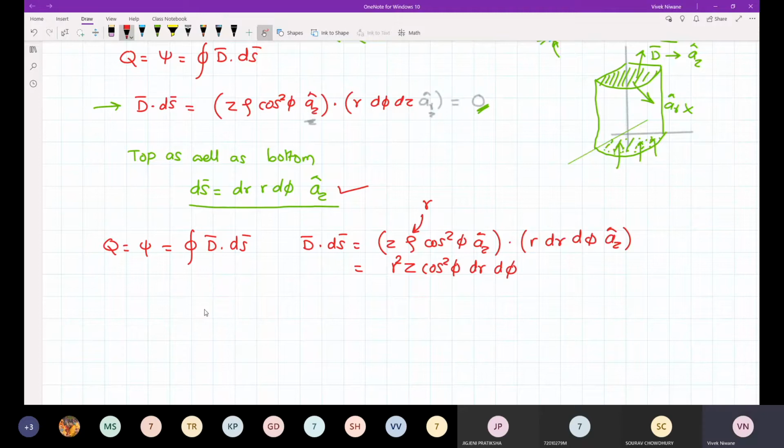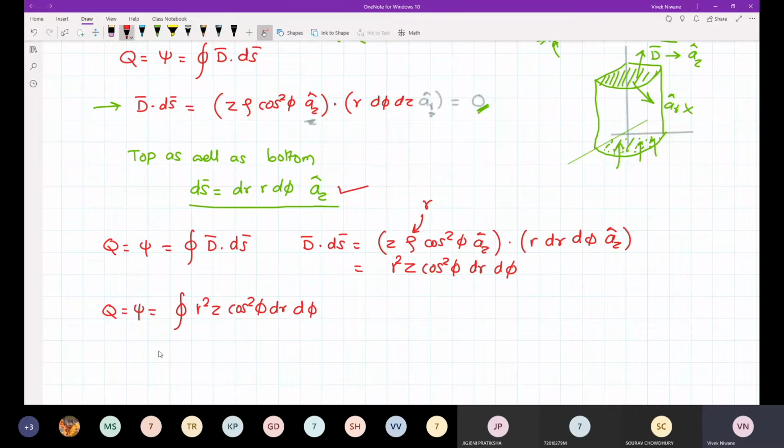Now we will find Q, which is equal to psi, the closed surface integration of D dot dS, with the expression r square z cos square phi dr d phi.